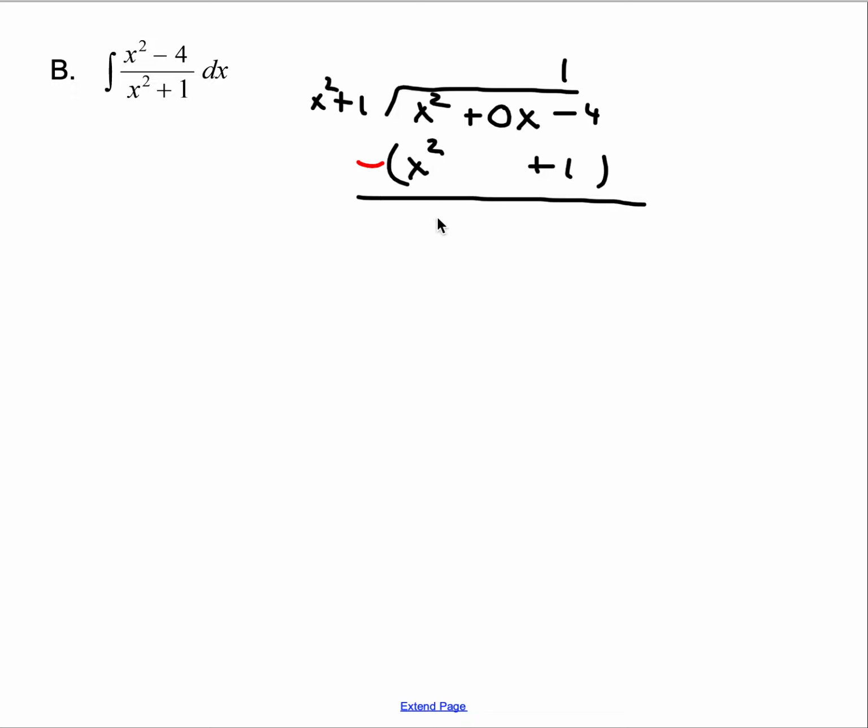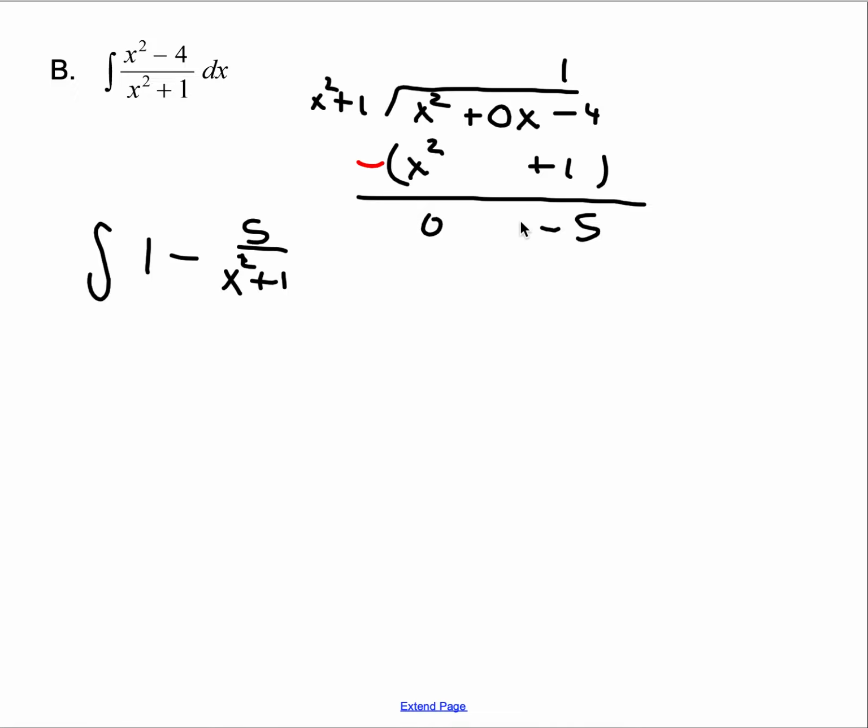So if I subtract, this cancels out, and this becomes -1, so that gives me -5. So x squared minus 4 divided by x squared plus 1 becomes 1 minus just the remainder, -5 over x squared plus 1.